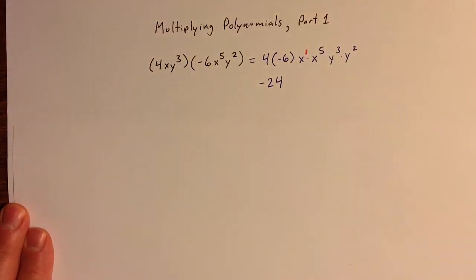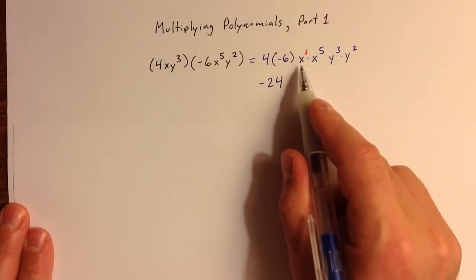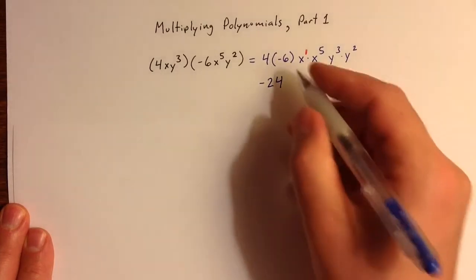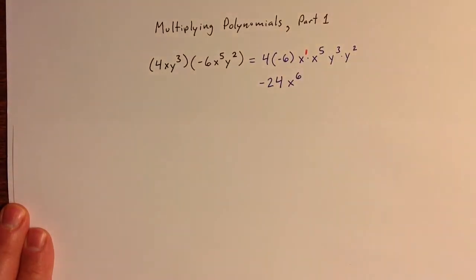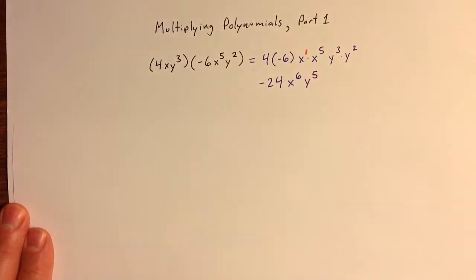When there's not an exponent explicitly written, the default exponent is 1, so this is like 1 x times 5 x's multiplied together, so we get x raised to the 6th power, 1 plus 5, and then finally y raised to the 5th power, 3 plus 2.